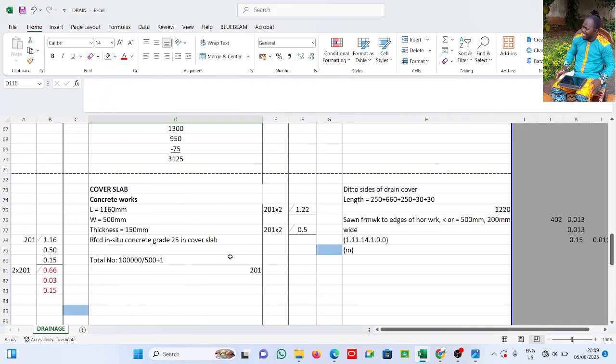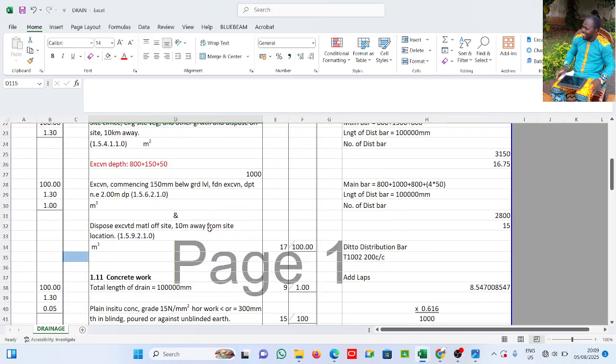drainage including the cover. Right, as you can see it took time, because it requires even the smallest level of detail, you have to pay attention to it, especially even if you're not writing for exam. Once you are preparing a work for somebody or you're doing a particular job, you have to pay good attention to detail. All right, I hope this helps you academically.